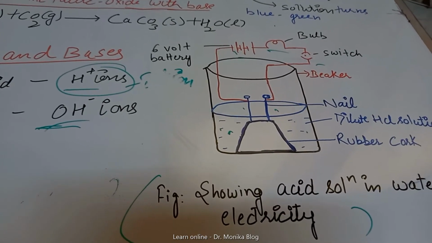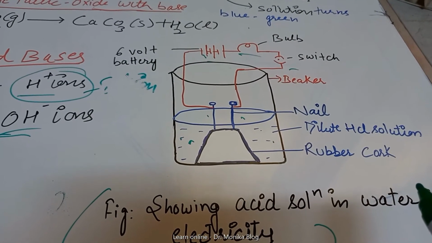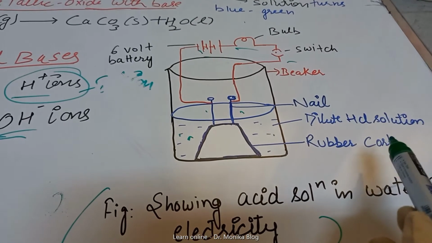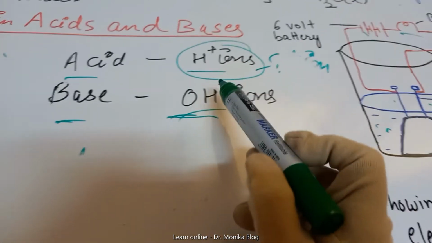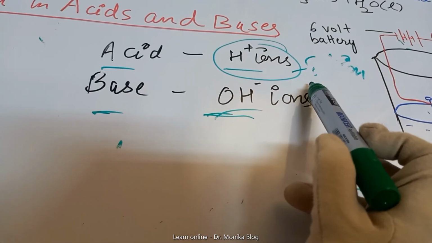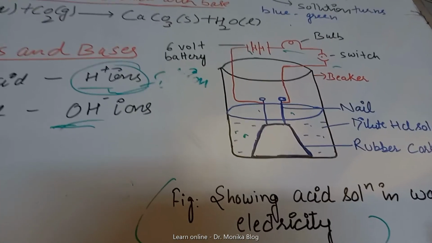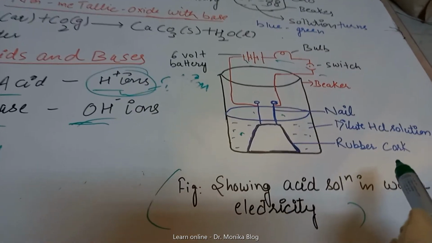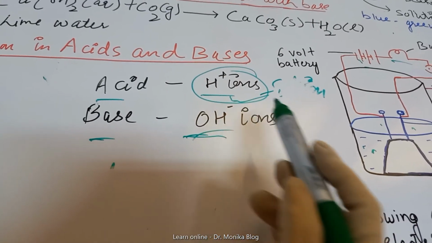If the bulb glows, that means the dilute HCl solution is conducting electricity by releasing hydrogen ions into the solution, which are responsible for the acidic properties, as acid gives hydrogen ions, a positively charged cation, into the solution.